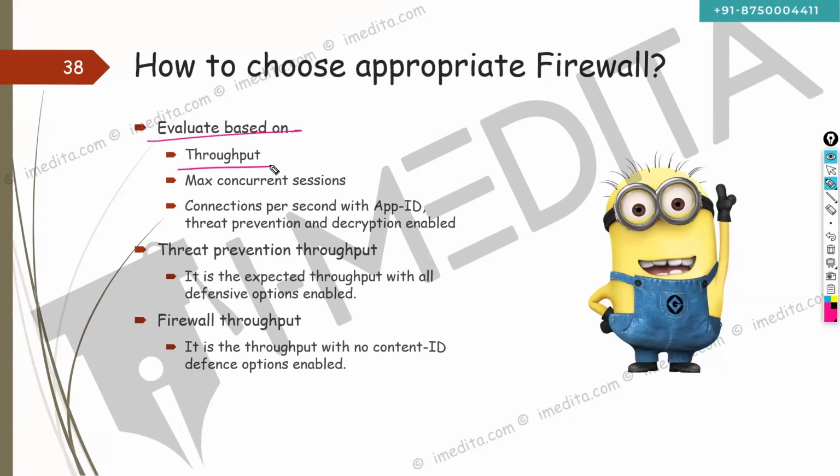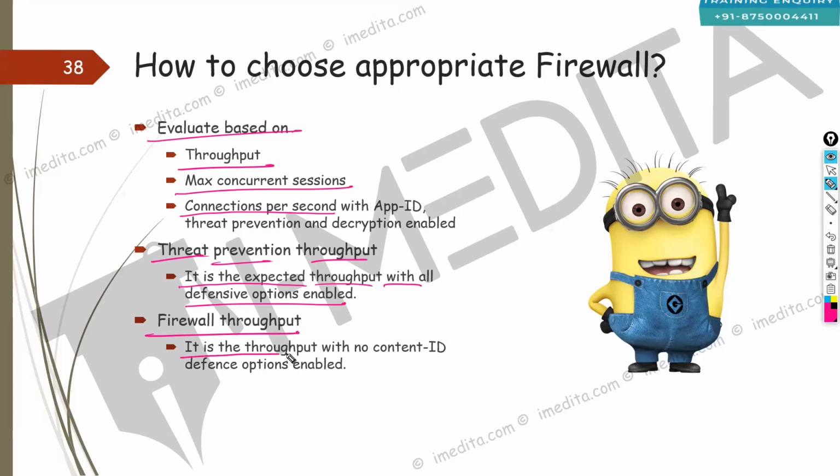You can purchase a firewall based on throughput, maximum concurrent sessions, and connections per second. Threat prevention throughput is the expected throughput with all defensive options enabled. When you enable all the security options or features, that is called threat prevention throughput, which will be less.